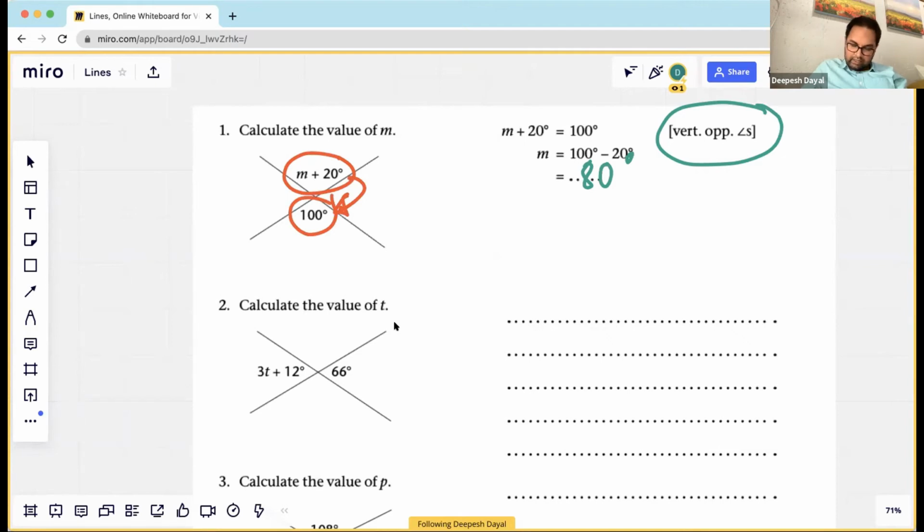Okay, great. Let's find the value of t now in number 2. And you can just let me know the answer. Remember to write down your reason, right? Get used to writing down that reason.